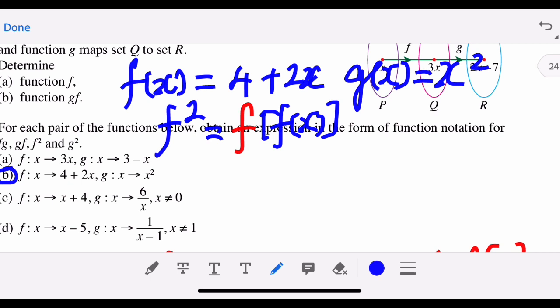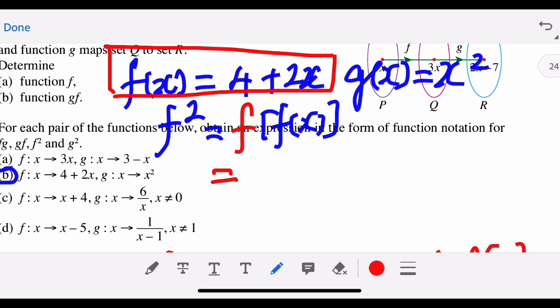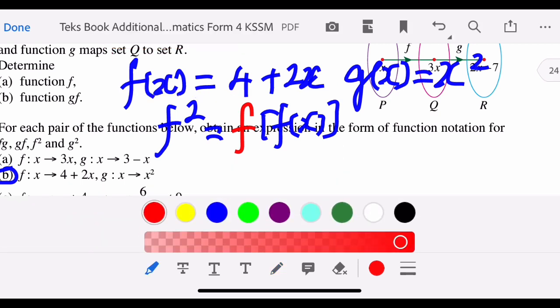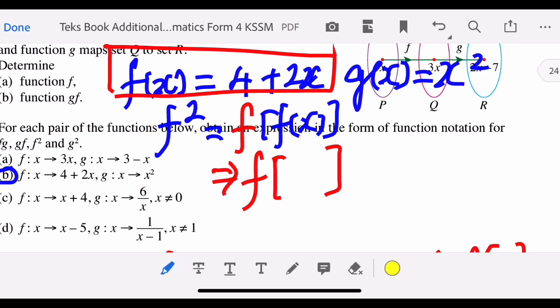So let's refer to the function f(x), this one. Let's copy down the function. The function we leave in red color, and then we have to substitute the object.